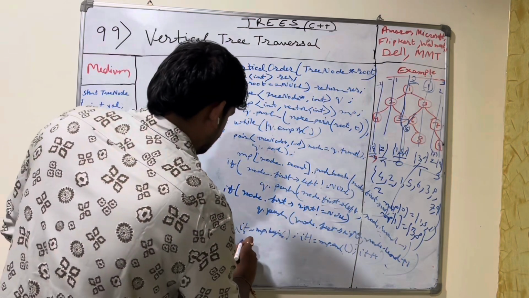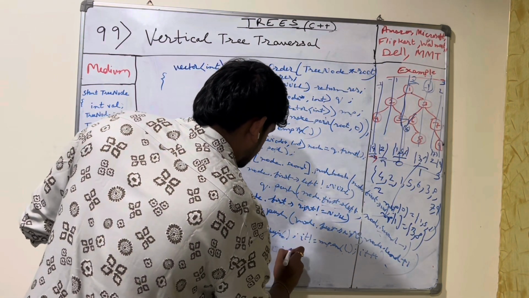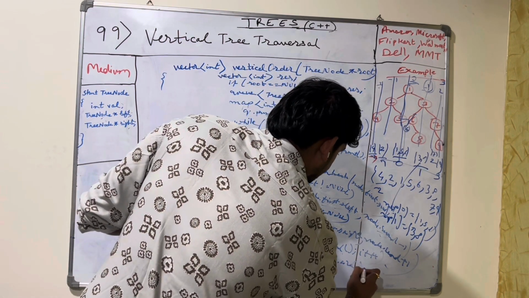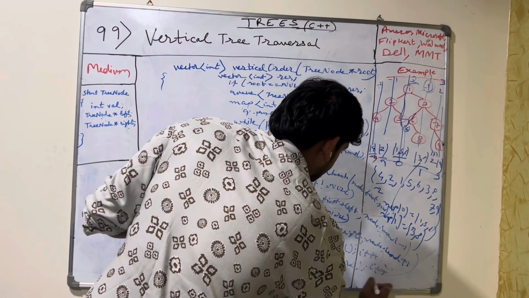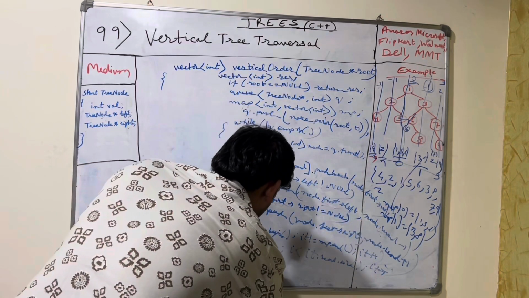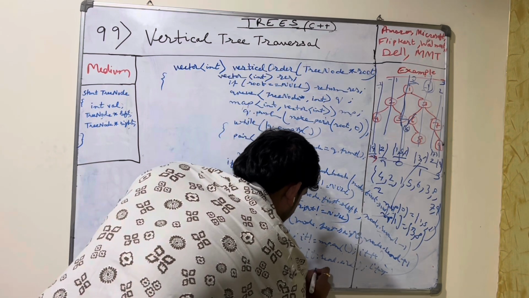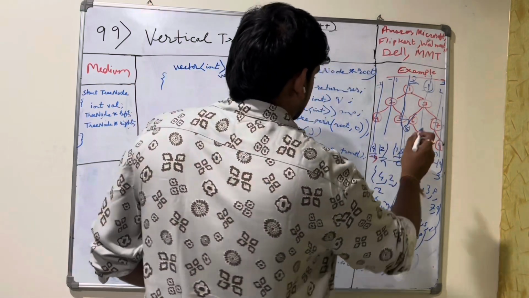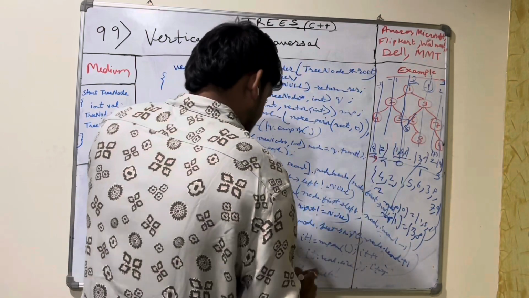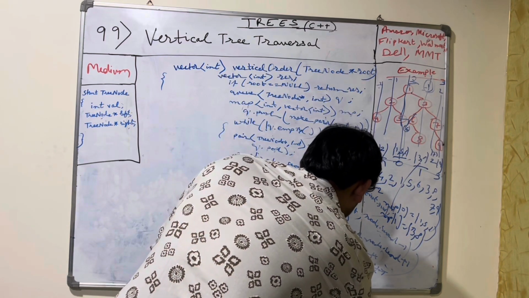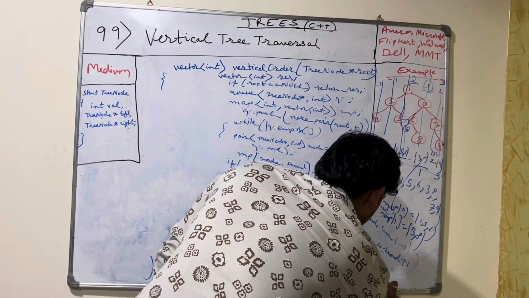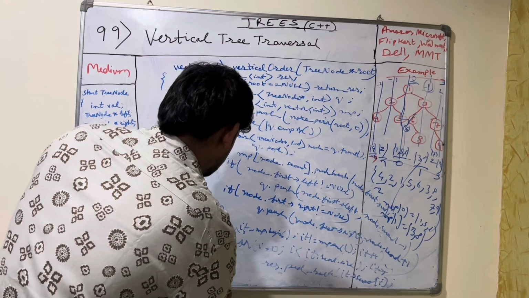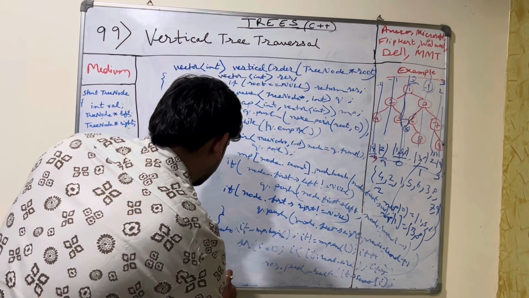Then for i equal to 0, i less than it dot second dot size, i plus plus, we add result dot push back it second i, all the index values, until all the elements of that index are pushed. So this will be done, and then finally we will return result.